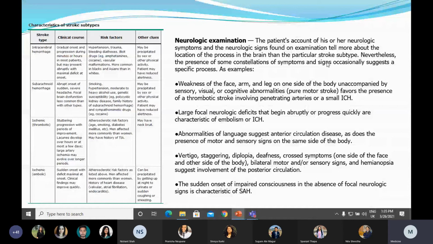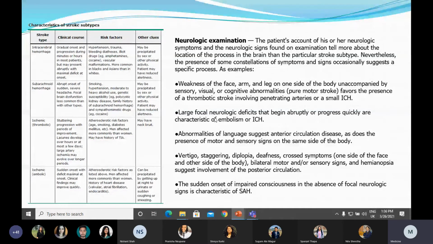If there is weakness of the face, arm, leg on the same side, which is not accompanied by sensory, visual, or cognitive abnormalities, that is, this is a pure motor stroke, then this should be more favoring thrombotic stroke.